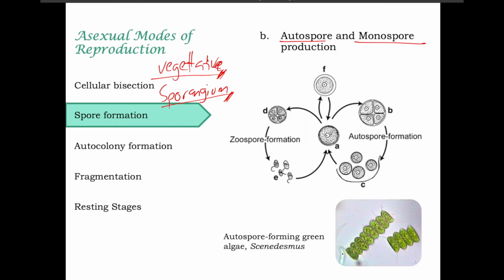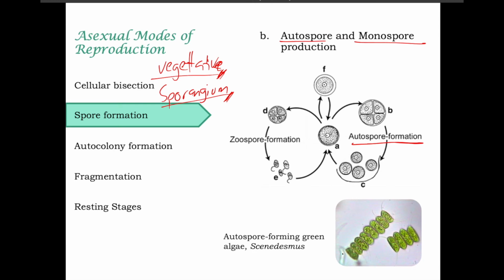Zoospores are motile, aplanospores are aflagellated at first but can develop into a zoospore eventually. Autospores, on the other hand, are aflagellated, non-motile forever. There is no further development for autospores, so they are non-motile whatsoever.